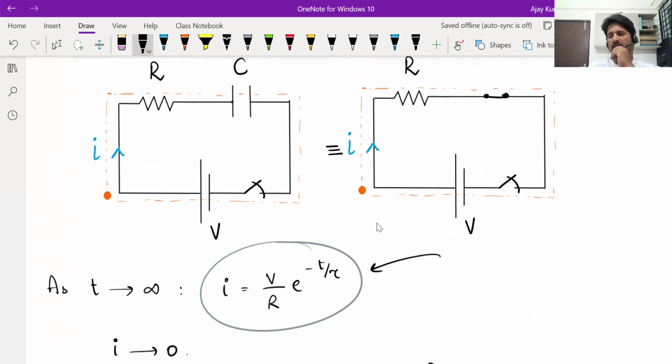We got this equation because the battery voltage was V and the resistance in the circuit was R. Now in the question, they may take the resistance as 2R. Then you can't use this equation. Then you will have to write V by 2R. Such changes are what you need to be careful about.